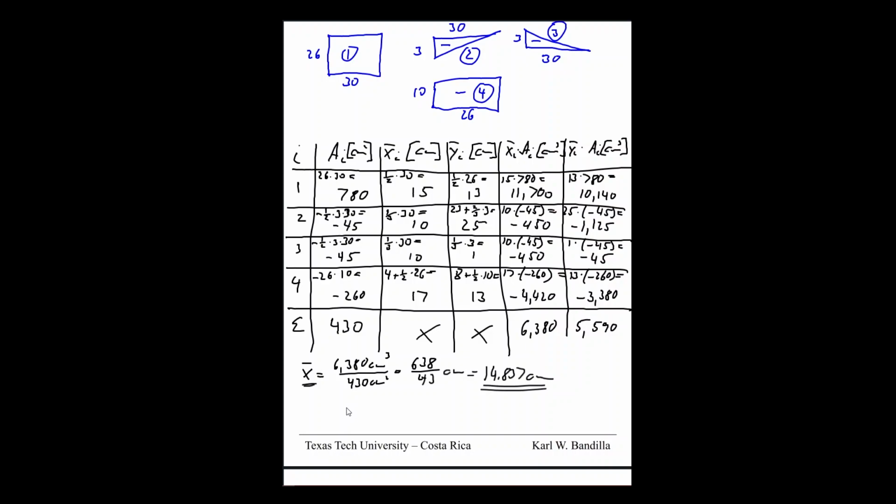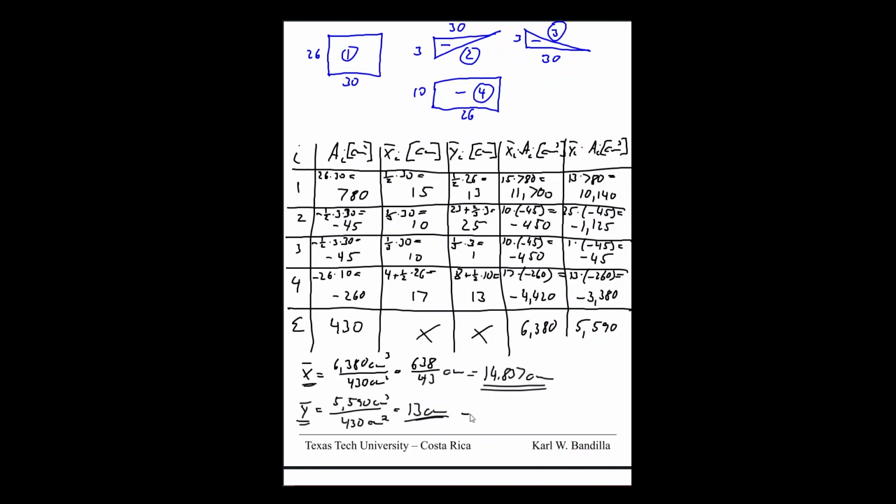And then in the y direction, that's the one that we are confident that we already know, 5,590 over 430, centimeters cubed over centimeters squared. That gives me exactly 13 centimeters.